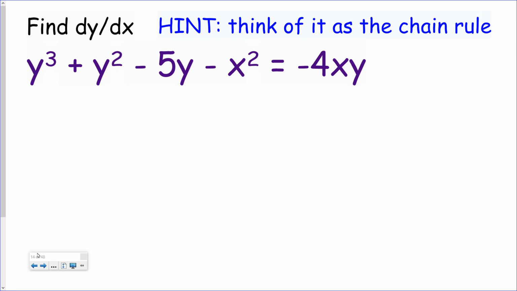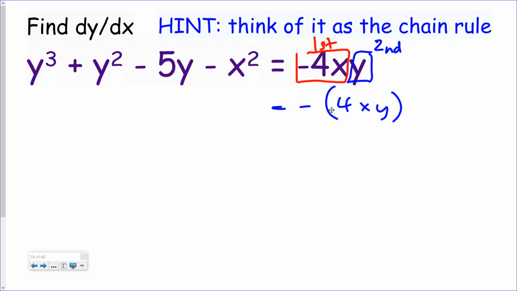Okay, but let's look at this problem. This one's actually not too bad. What students have trouble with, though, is when there's a negative sign right here, they have trouble on what to do. I want to ask you guys if you can include the negative into your first, if you're doing product rule. What happens when students don't include it in their first is that after they do the product rule, they forget to distribute the negative.